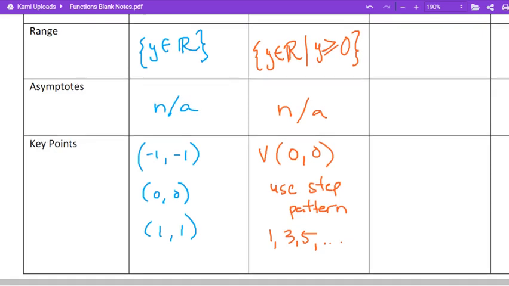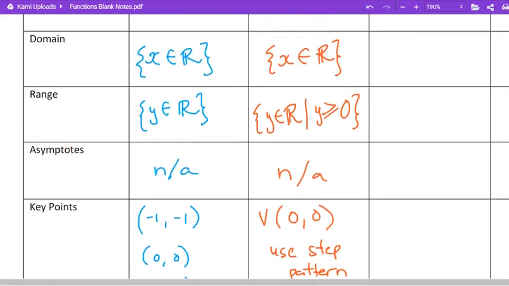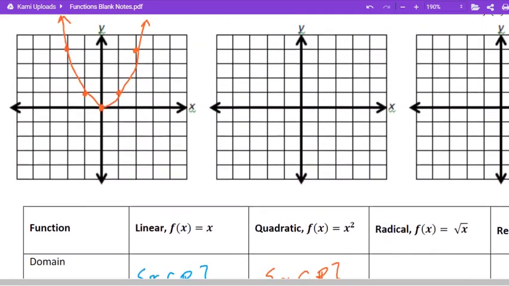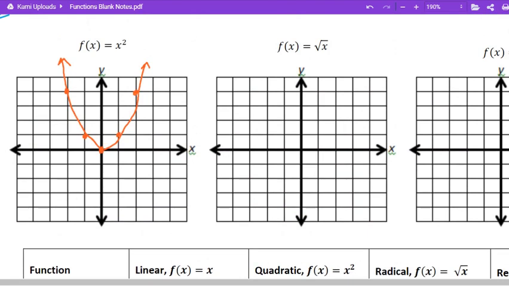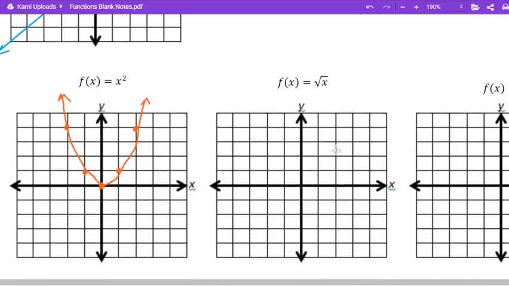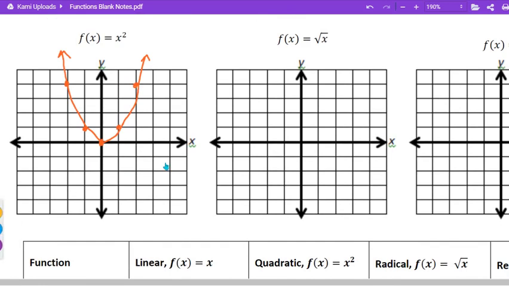Now let's add our new function, the radical function. Okay, so we remember that it's a parabola flipped by 90 degrees. Where does it start? At the origin. And I'm going to tell you something. You know how a parabola follows a step pattern?